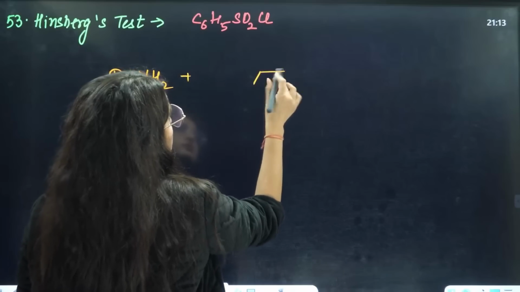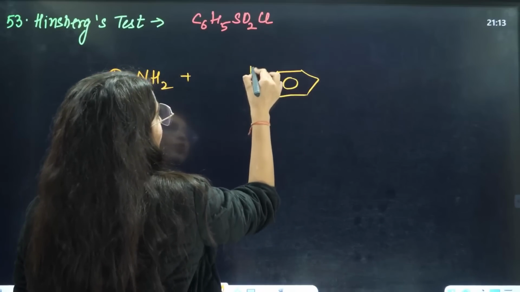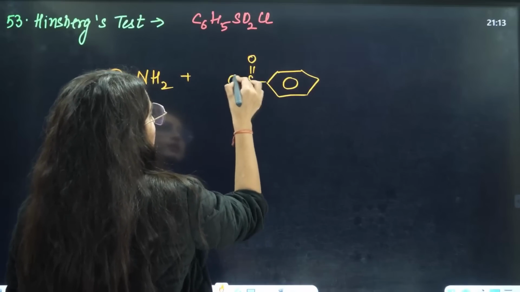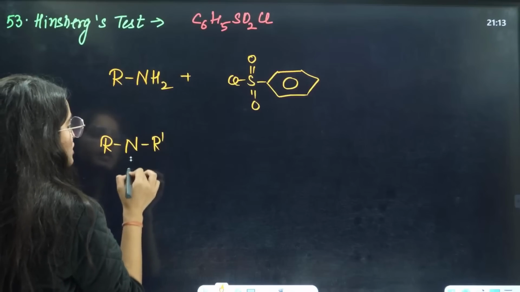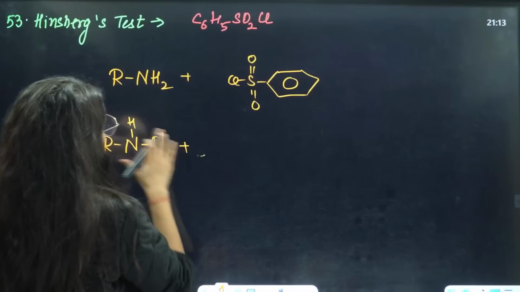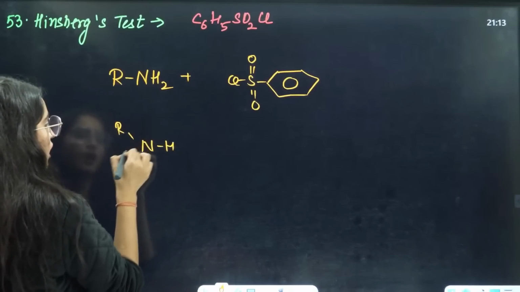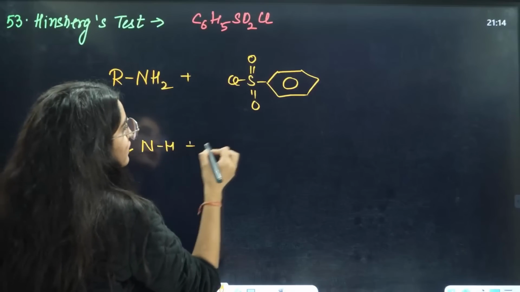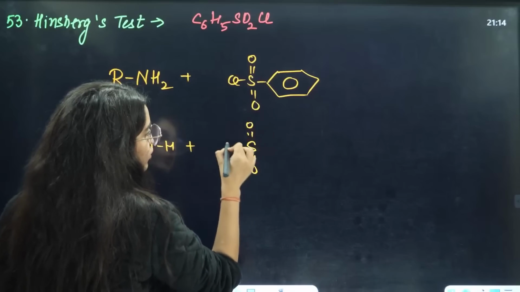This is benzene, S double bond O, S double bond O, Cl.